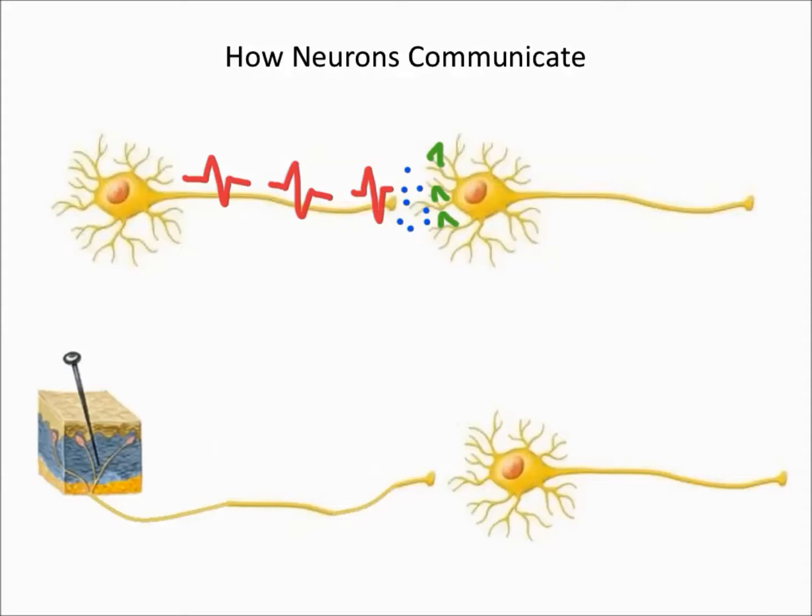Depending on the frequency or the strength of the stimulus, those graded potentials could possibly reach threshold. If threshold is reached, a new action potential is created at the axon hillock of the adjacent neuron, and the electrical impulse will continue down that axon.